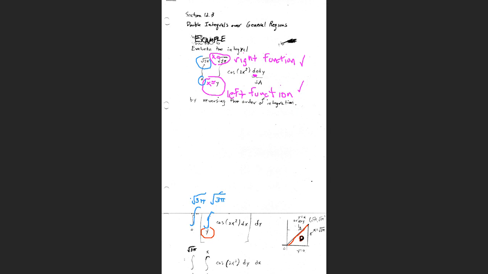On the right, the function that bounds region D is x equals the square root of 3 pi. Root 3 pi is a constant, so this is just a vertical line, and there's the vertical line.